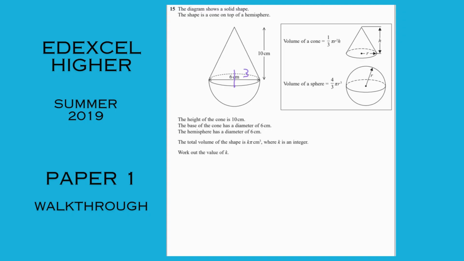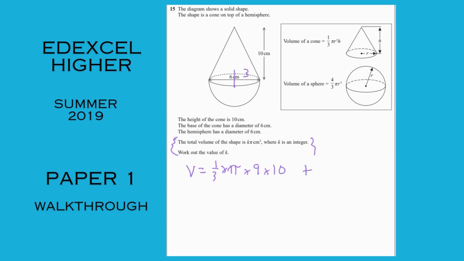The total, they're just phrasing it in a bit of a daft way. They might as well just say find the volume. The volume is, let's do the cone to begin with, a third multiplied by pi times r squared, well 3 squared is 9, times by the height of the cone, that's 10.